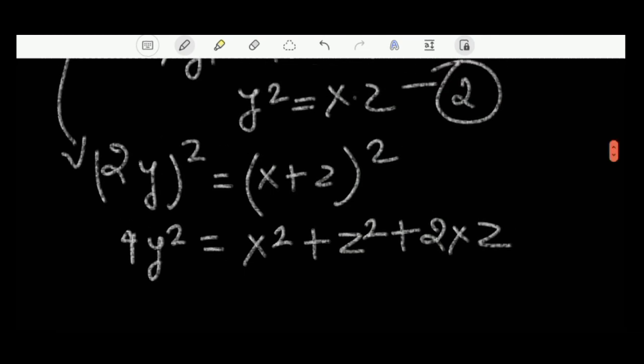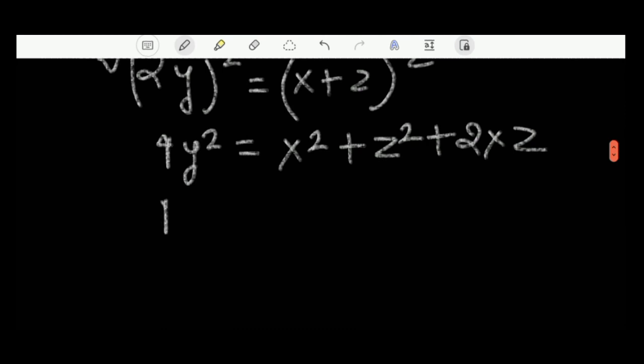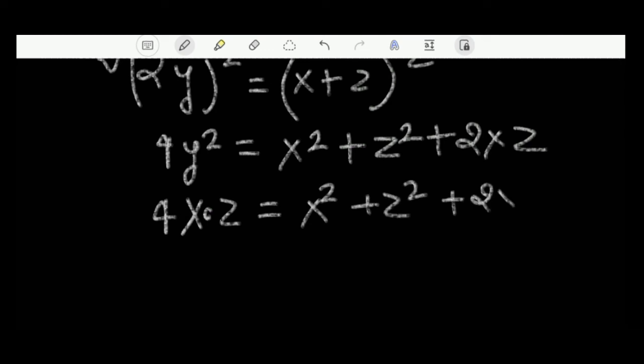We know that y square is equal to xz, so we can just put the value over here: x square plus z square plus 2xz.